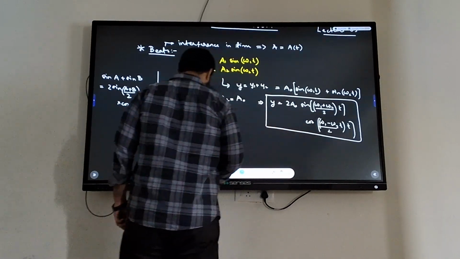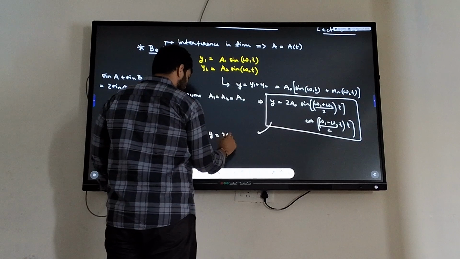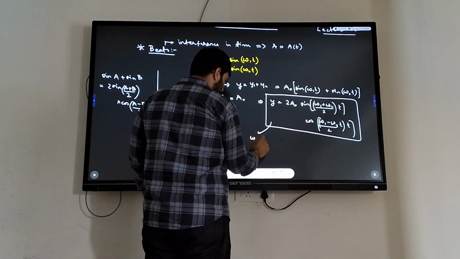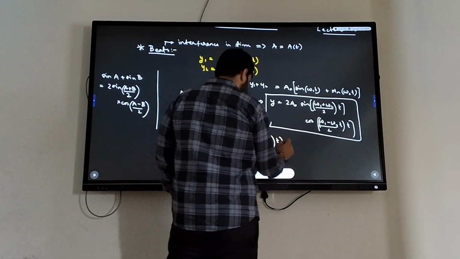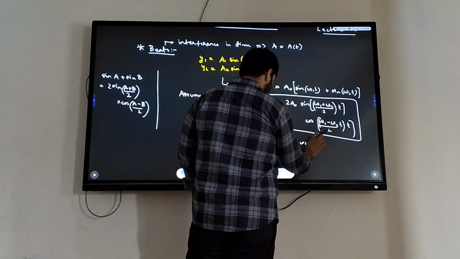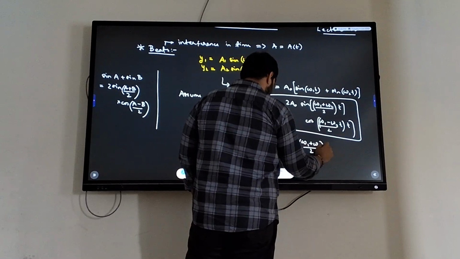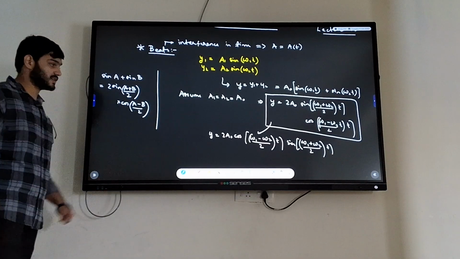I can rewrite it as y = 2a0 cos((omega1 - omega2)/2 t) sin((omega1 + omega2)/2 t).